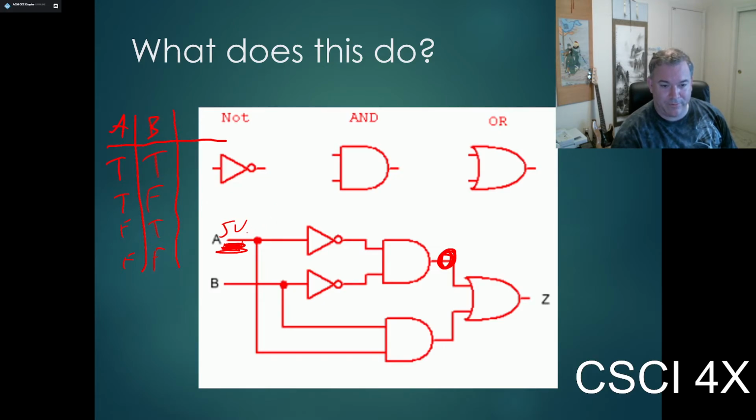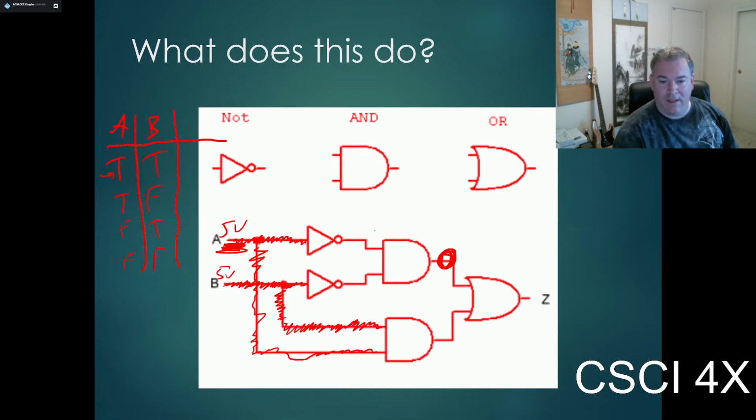Let's do this one first: true, true. If B is 5 volts, 5 volts are coming in this way, and 5 volts are going to travel down this way.